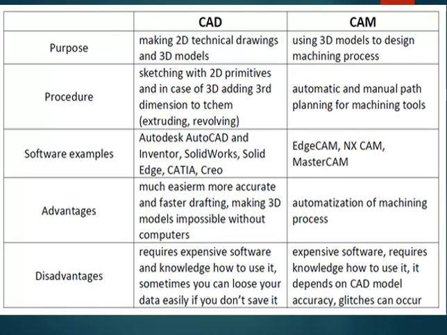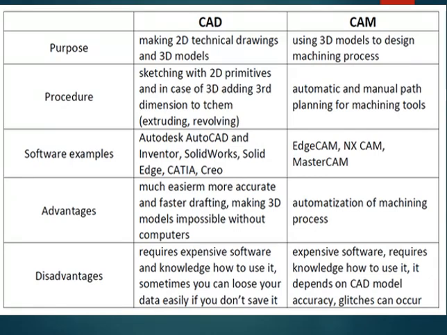So when using CAD, the drafting time is very short. The drafting is much faster and also accurate, and we are able to minimize the error. Some advantages in CAM: in computer aided manufacturing, the computers are interacting in the manufacturing, so the operation time is very quick, and also some automation is made in the manufacturing.